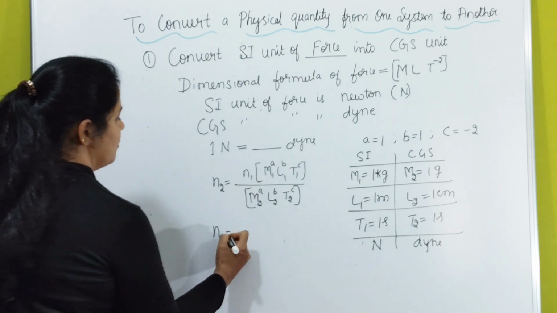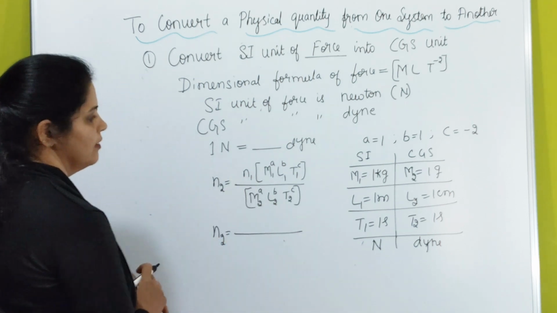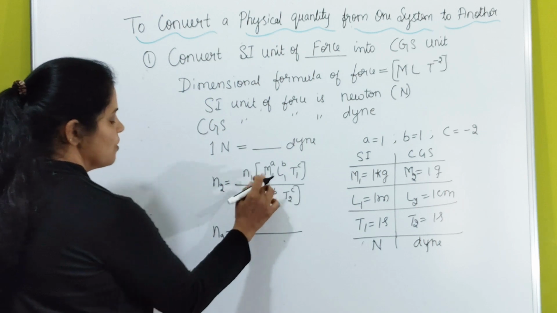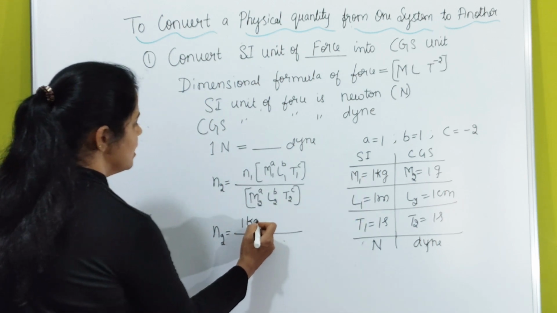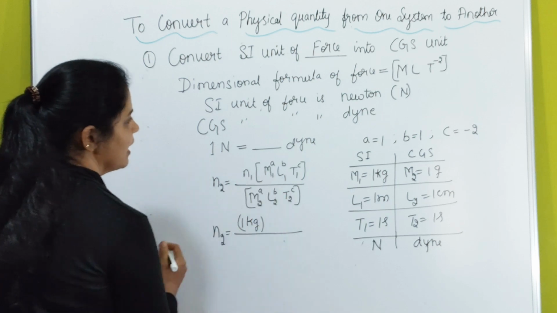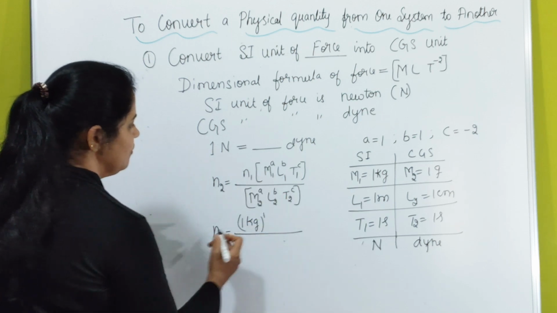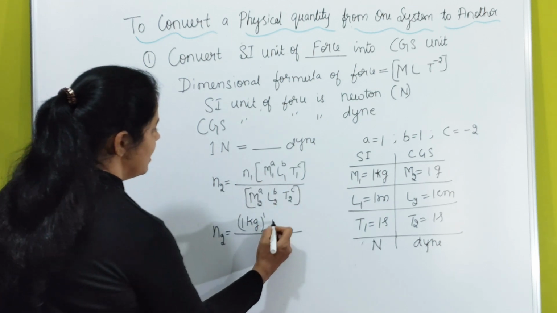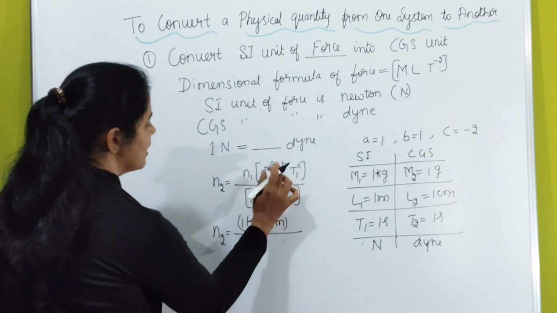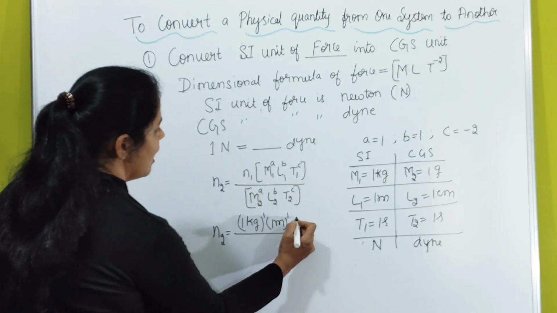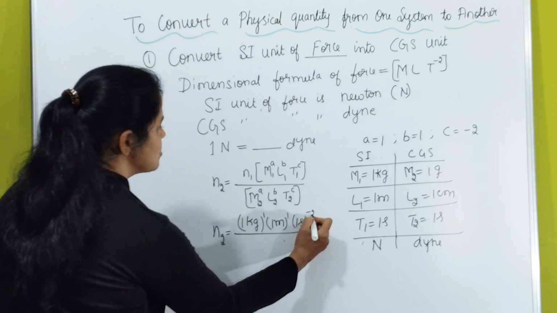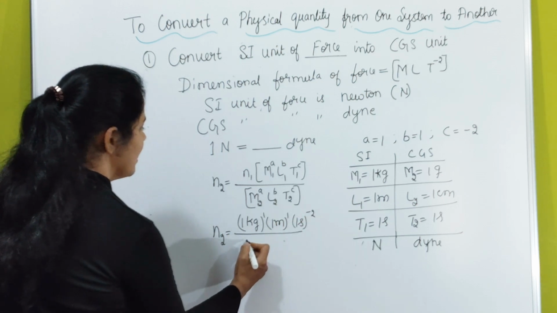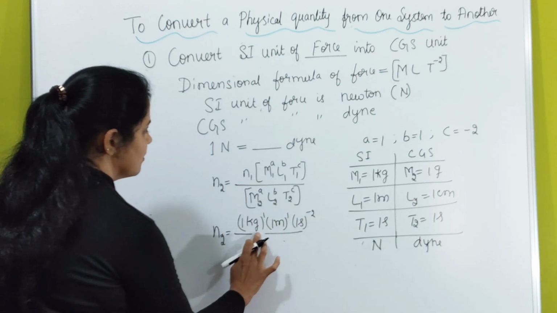So how to write? N2 is equal to N1, which is 1. First let us write M1: 1 kg, with power 1. L1 is 1 meter, the power of L is 1. And time is 1 second, the power is minus 2.